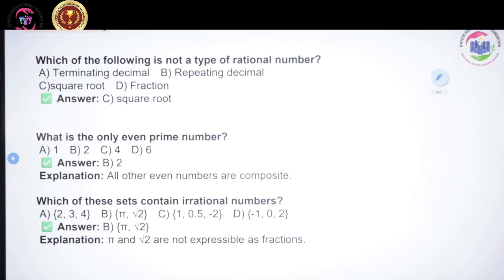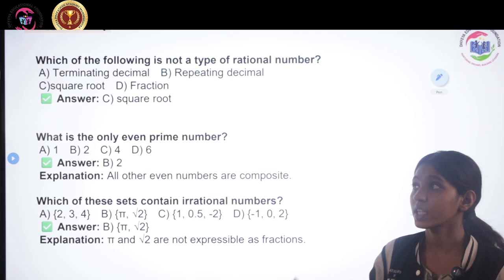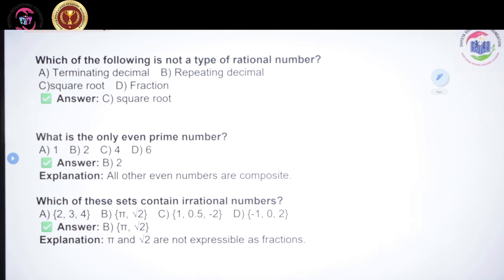Which of the following is not a type of rational number? Terminating decimal, repeating decimal, square root, fraction. We have to find which is not a type of rational number.